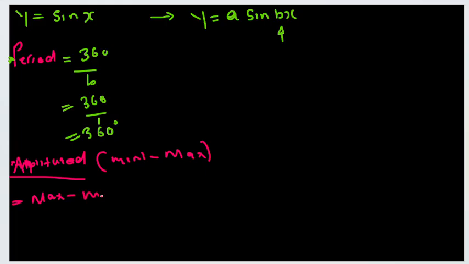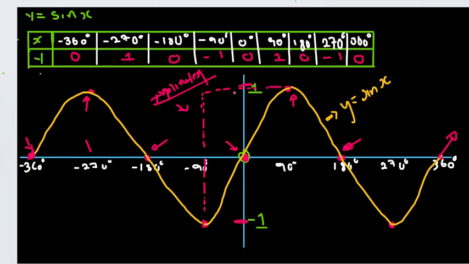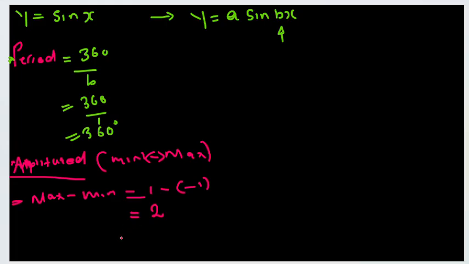I was saying here is the distance between, but the formula is maximum minus the minimum, so it will be equal to 1 minus negative 1, and it is equal to 2. Looking here, the maximum is positive 1, the minimum is negative 1. If I substitute them, I will get 2, voila.